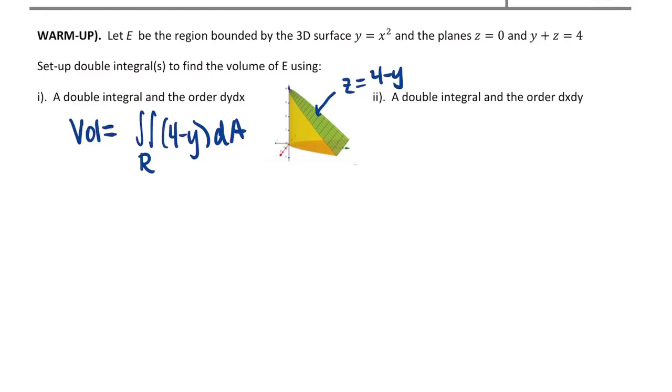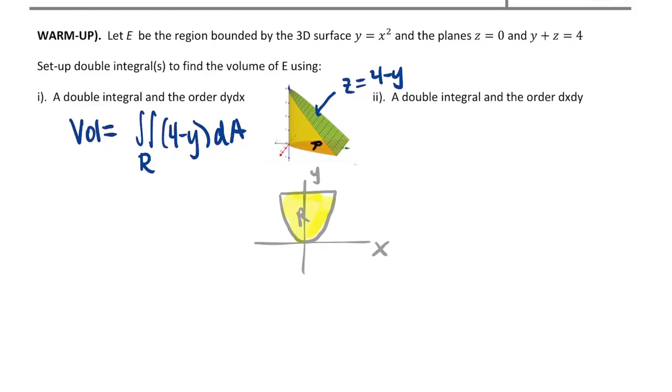So what we need to sketch is our region of integration, which in this case is just coming from this parabola. This is just looking in the xy plane. This is my region R. So that's also this little region right there.